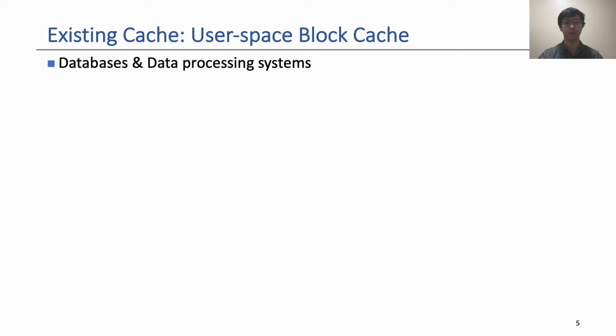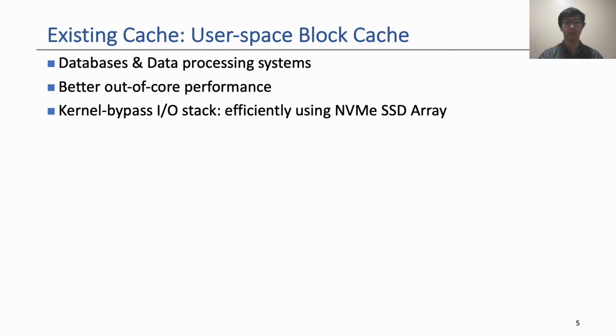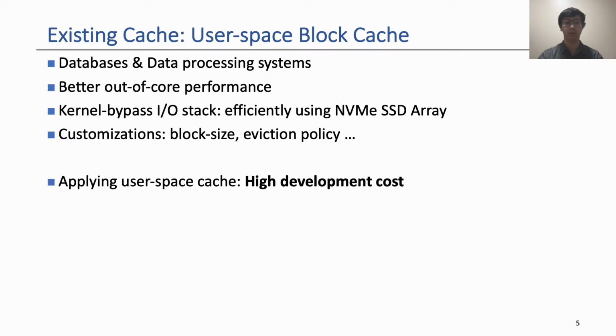In user space, some databases and data processing systems build their own block cache, or buffer manager. They can provide better out-of-core performance. Also, kernel bypass I/O stacks such as SPDK can efficiently operate NVMe SSD arrays. Meanwhile, block caches can easily support customizations, such as modifying block size and eviction policy.